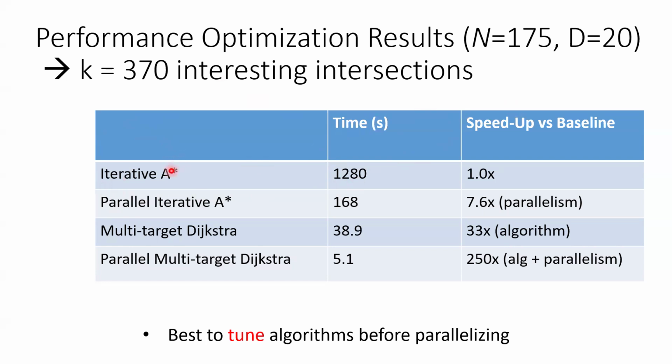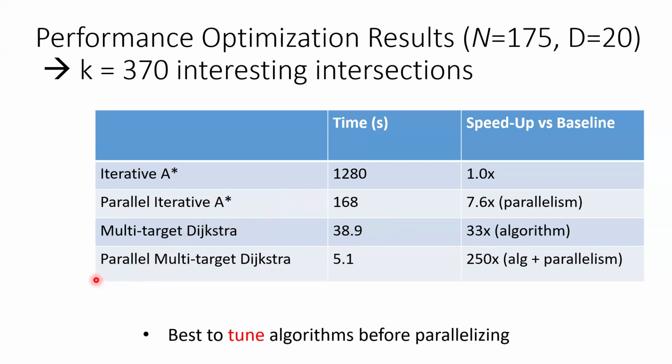If we only parallelize this, we get 7.6x by parallelism because we have 8 cores. Then if we move to multi-target, multi-destination Dijkstra, we get a 33x speedup by the algorithm itself.